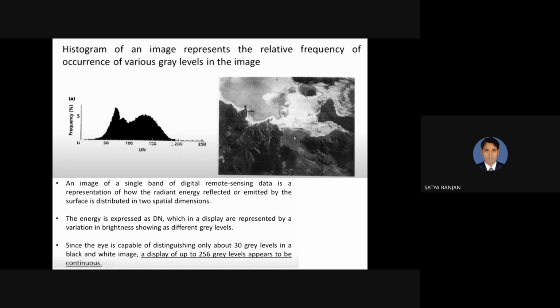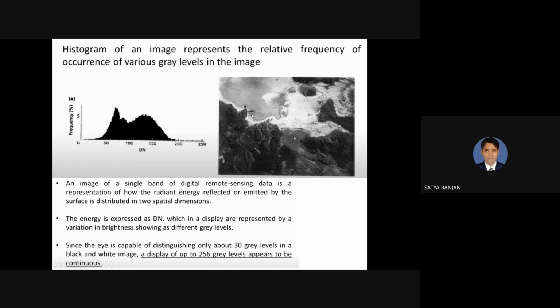That means the highest brightness value of this satellite image is not present. So it is distributed from nearer to black to the middle of the black. So the DN value distribution is not equally distributed. It is concentrated in the middle of the DN values.